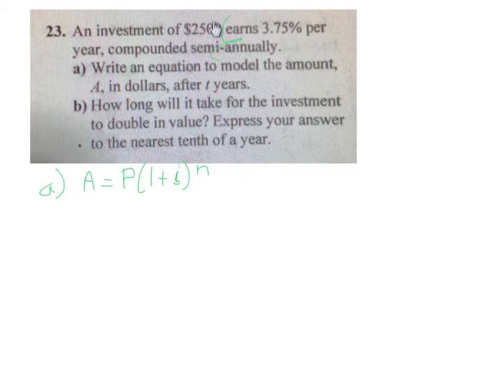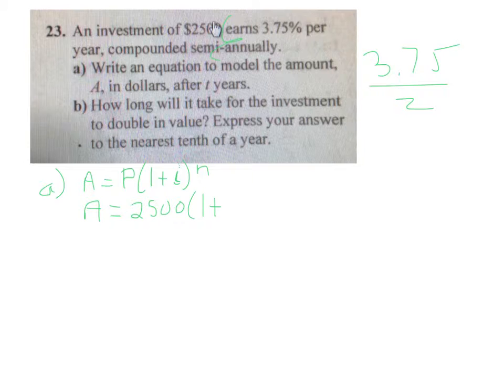Okay, so for the specific question and information that we've got here, the equation is A equals 2,500, because that's what you're starting with, times 1 plus the interest rate. Now, the interest rate would be 3.75 per year, but every 6 months, if it's semi-annual, it's going to be half of that.